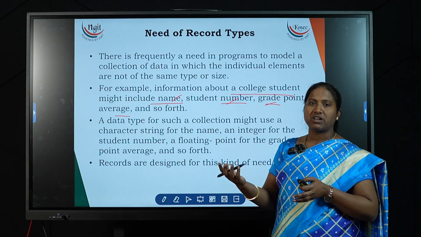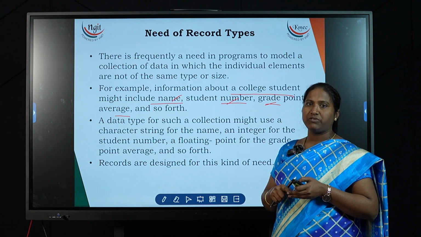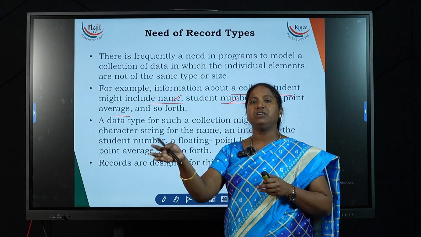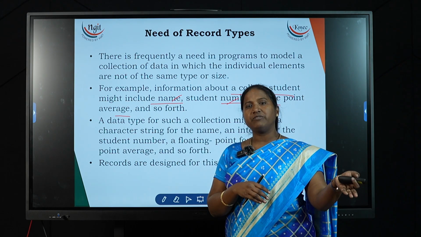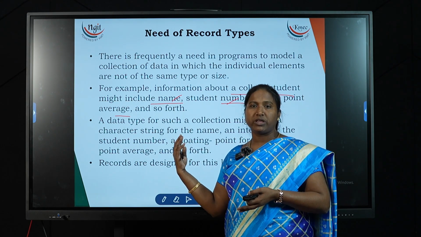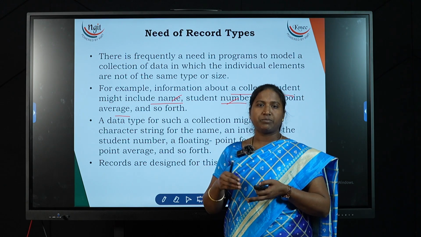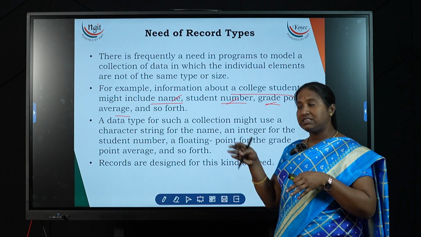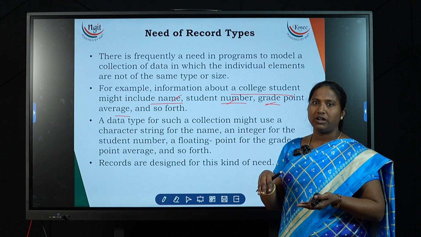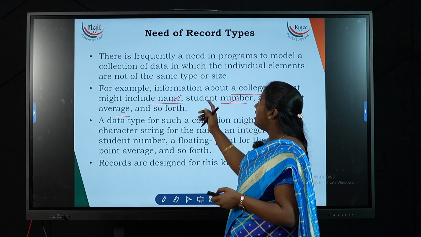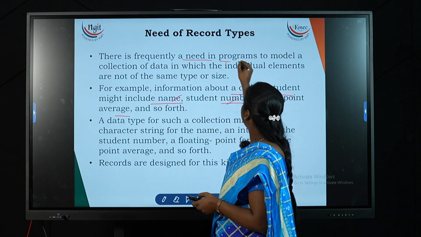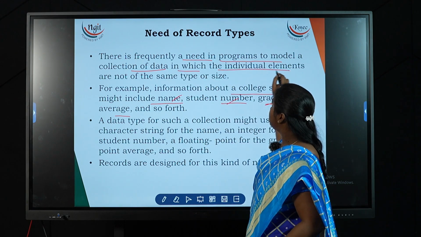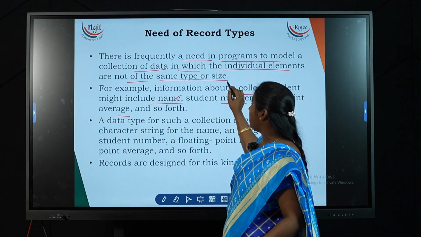You can also recollect structures when you think about C-based languages. Yes, records are supported by many languages in many forms. Let's say C supports this kind of storage through structures, and there are programming languages which provide it in the form of records. There is a frequent need in programs to model a collection of data in which the individual elements are not of the same type.